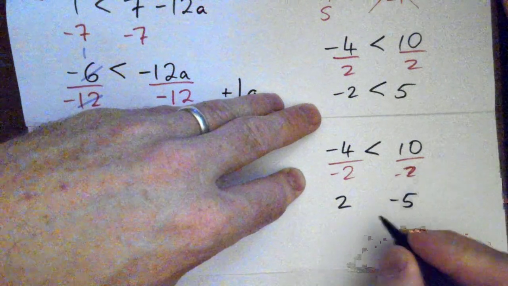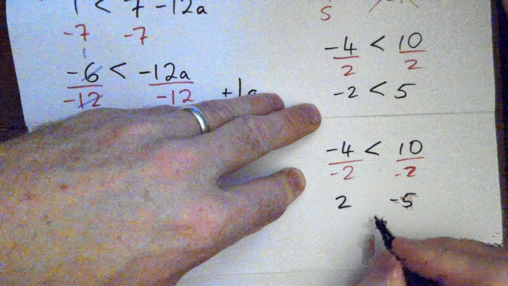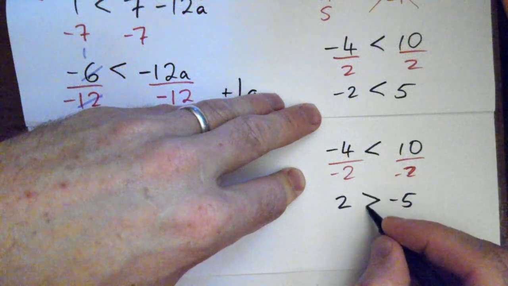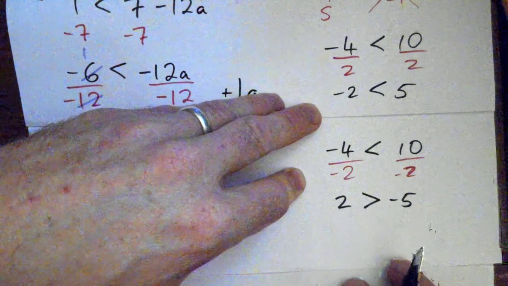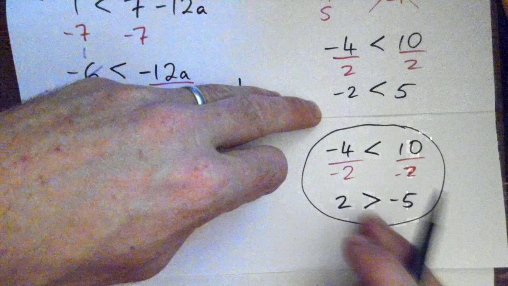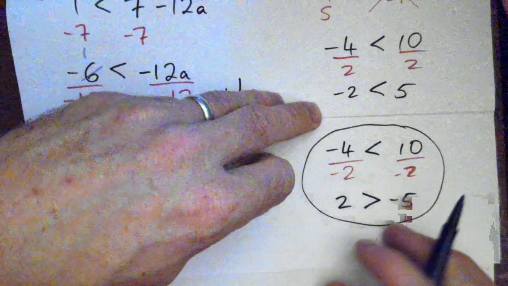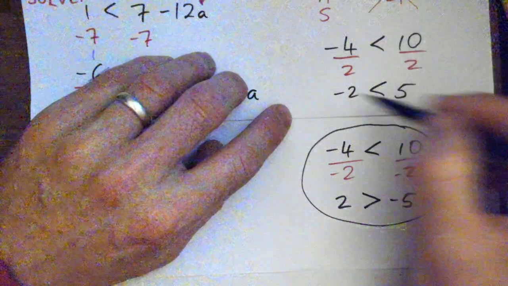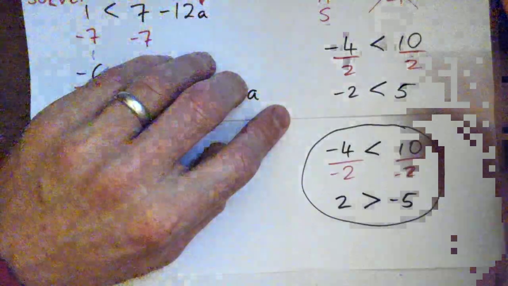Good. And so the inequality goes, 2 is greater than negative 5. Perfect. So dividing by a negative is when we change the direction. That's the only time. Or if you multiply by a negative, but we don't do that very often. Dividing by a positive stays the same direction. And so adding or subtracting, same thing. So anyway, it's just dividing by a negative, we change direction.